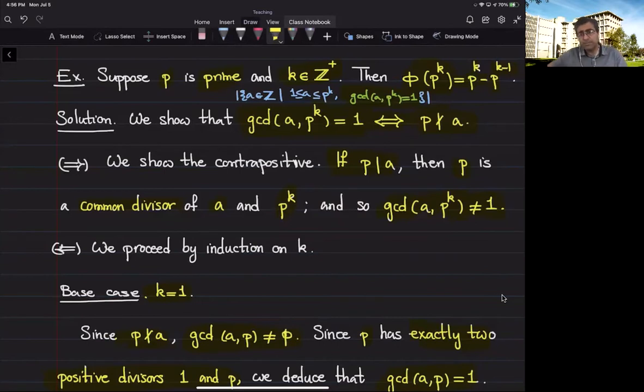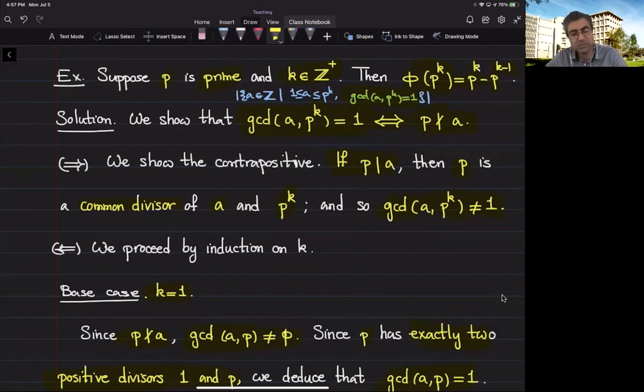If we use unique factorization into prime numbers, then this is an easy conclusion, because GCD of a and a power of p not being 1 implies that a and p to the k have a common divisor, but the only divisors of p to the k are multiples of p. From there, we deduce that a should have a prime factor p in it.